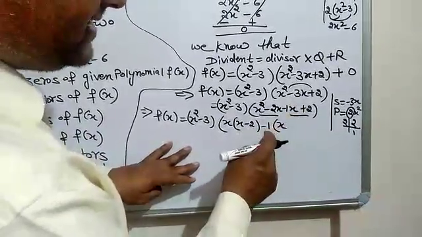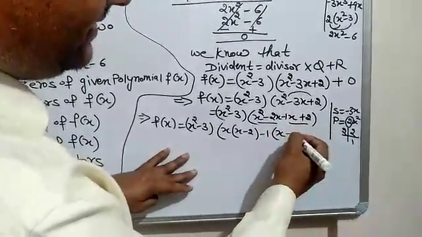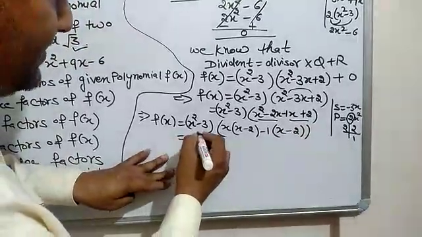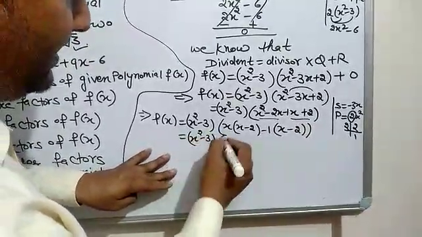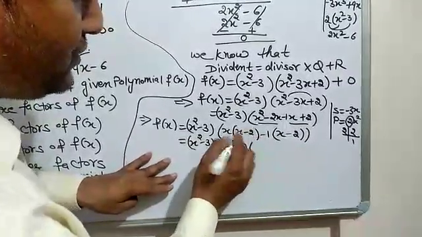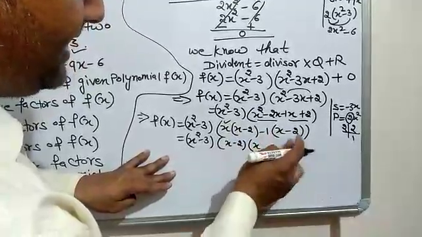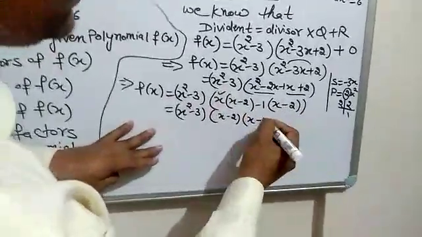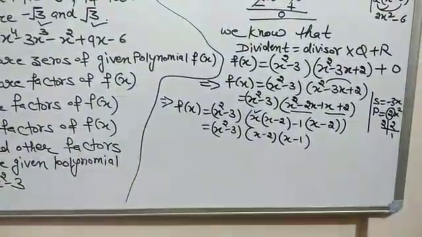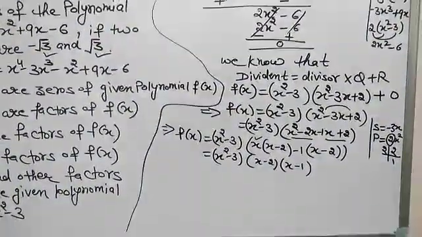I am taking minus 1 outside, so inside the bracket it comes minus 2. So see, x square minus 3 into x minus 2 is again common, students. If x minus 2 is common, this x is left inside, and this is already common, so minus 1 is left inside. So students, we are left with all our required factors.